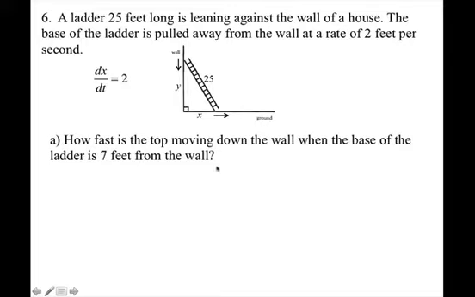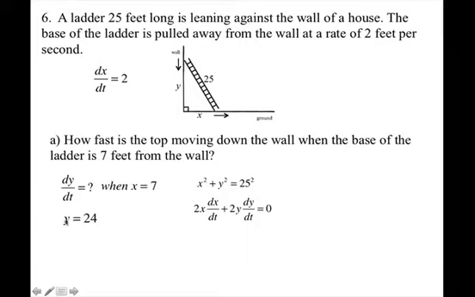So for part A, I want to find how fast the top is moving down the wall when the base of the ladder is 7 feet from the wall. So I need to find dy/dt when x equals 7. I'm going to use the Pythagorean theorem and take the derivative.